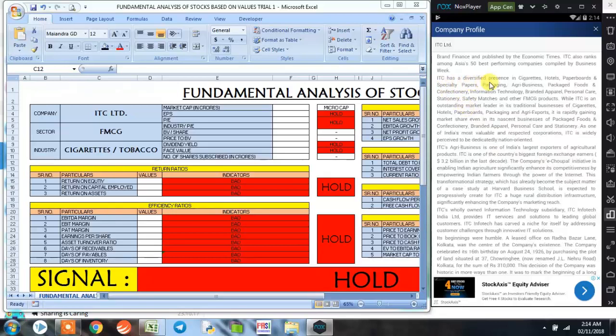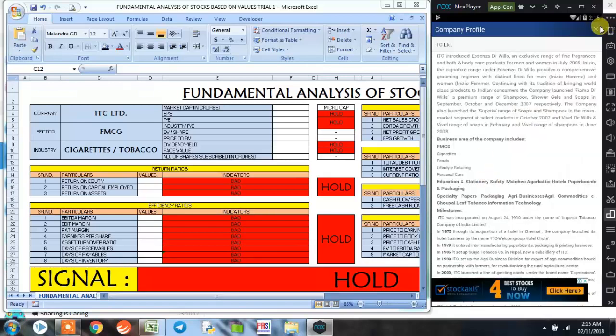ITC has a diversified presence in cigarettes, hotels, paper boards and specialty papers, packaging, agribusiness, packaged foods and confectionery, IT, branded apparel, personal care, stationery, safety matches and other FMCG products. So this was about the company.